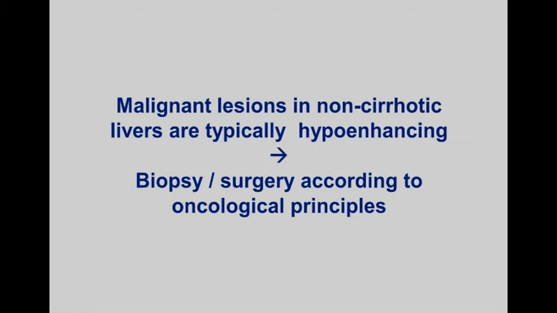Just to conclude, we have been talking about two techniques which give us additional information, which is parametric ultrasound, the timeline, dynamic vascular pattern, the orange hyperenhancement, and the hypoenhancement during the portal venous phase. And we have been talking about the features of malignant lesions which are hypoenhancing in the portal venous and late phase. According to oncological principles, in a patient with possible malignancy, we have to perform biopsy and prove the lesion by histology.